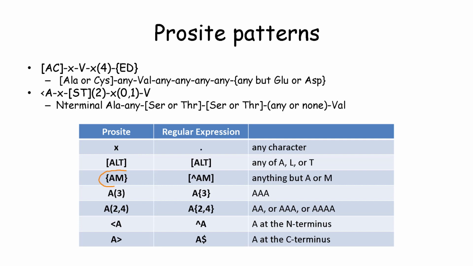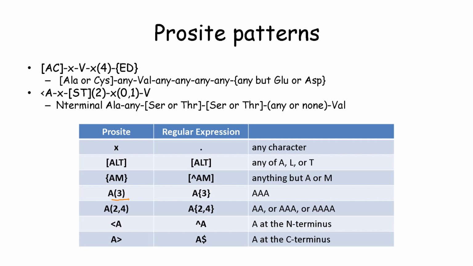In Prosite, curly brackets mean we can have any letter other than the ones listed. In regular expressions, this is accomplished by placing a caret symbol inside the square brackets. The caret symbol is used to negate the list of characters. In Prosite, a number within parentheses represents repetition.